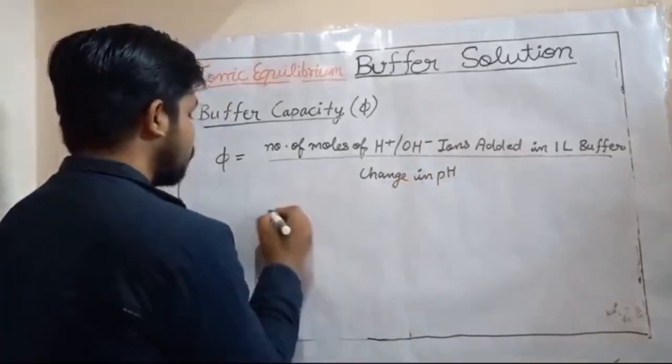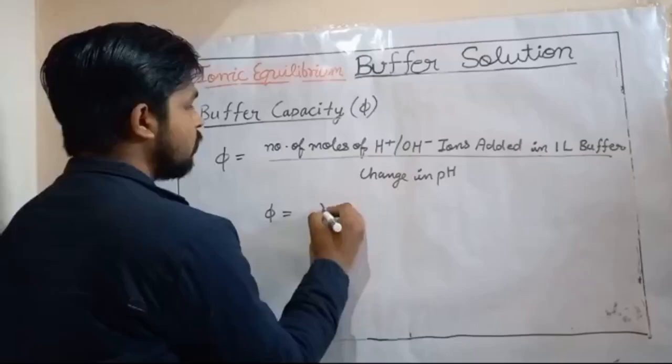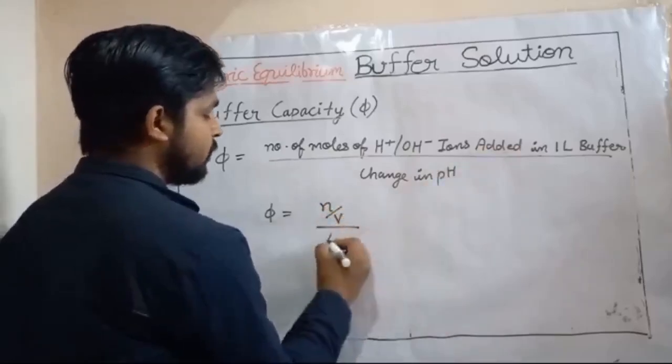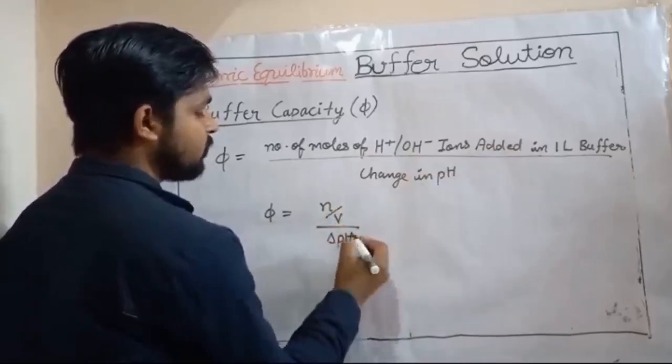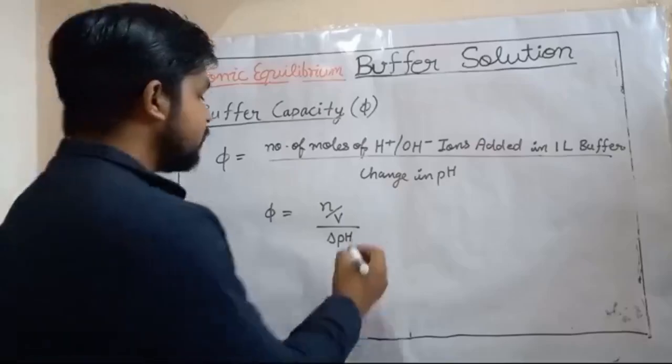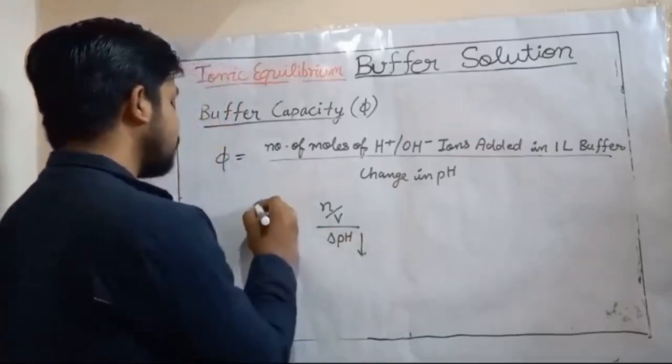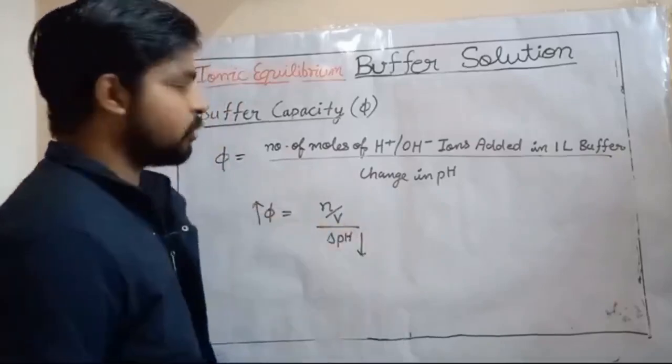So we write the formula of buffer capacity: number of moles per unit volume added, divided by the change in pH. Here delta pH is the change in pH. So the change in pH becomes less when the buffer capacity is maximum, because it is inversely proportional.